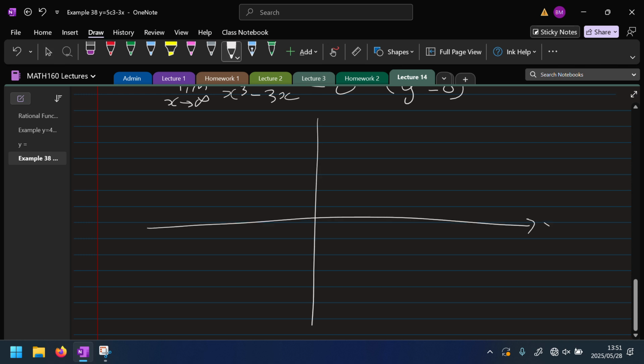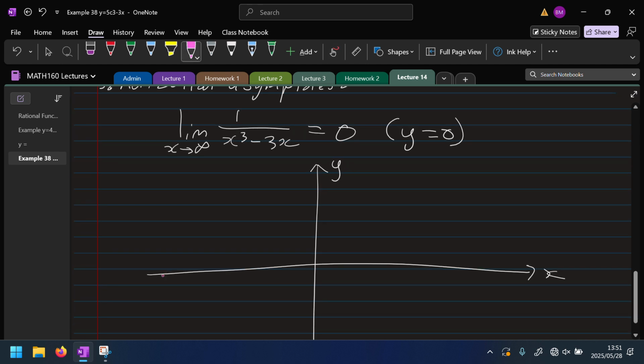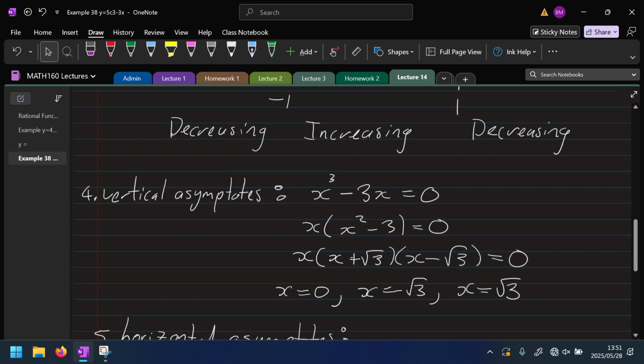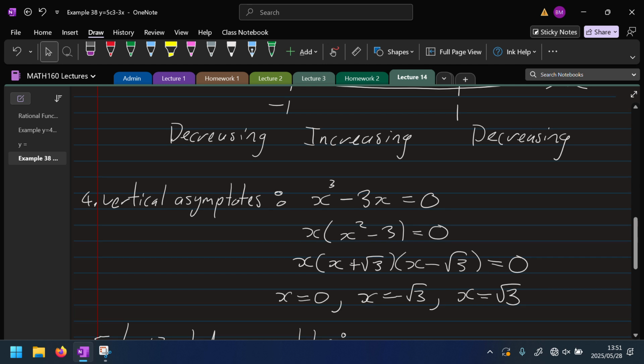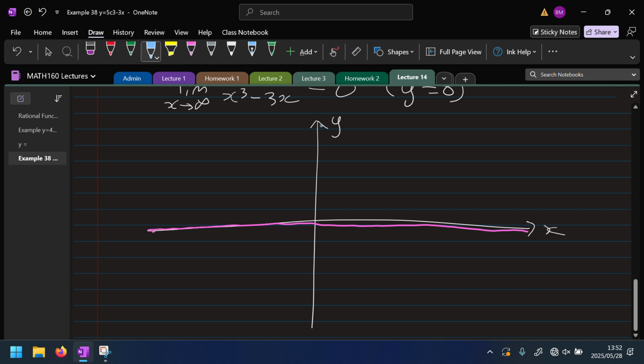Okay, so we've got our axes, x and y. And we know from y equals 0, the x-axis is going to be an asymptote. So we can use pink again for that. Again, the color is just so you can see the difference. If you don't want to do it, that's fine. And then from the previous step, x equals 0, that's also an asymptote. Again, if you want to put that in a different color, that's fine as well.